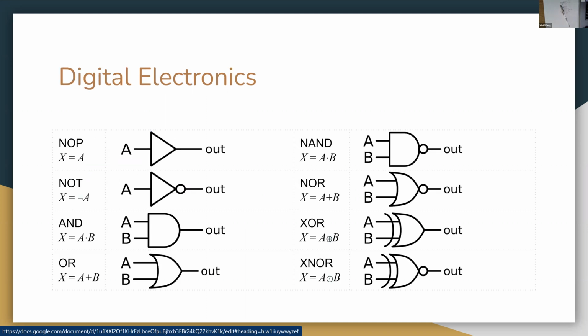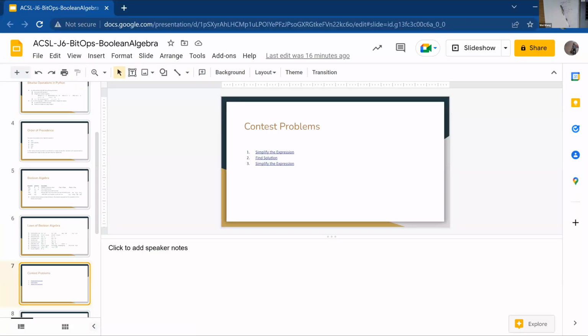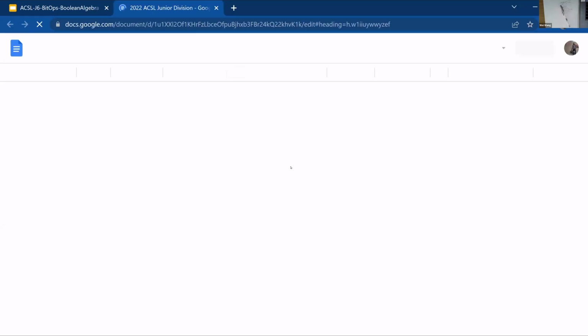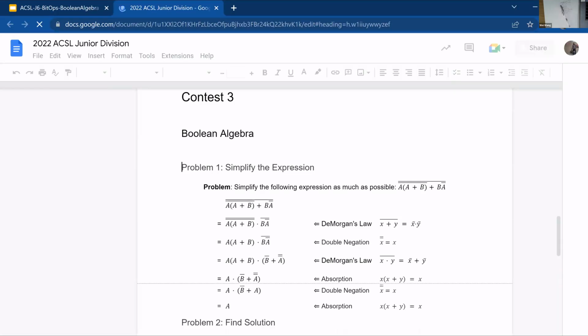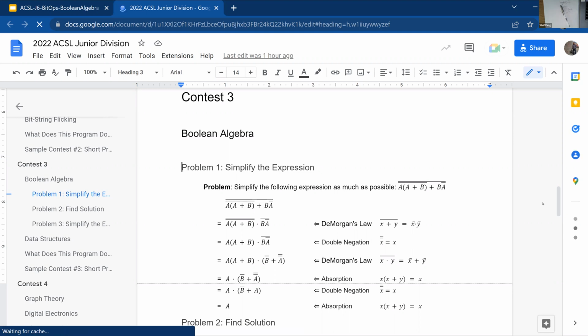Okay, these are the problems taken out of the ACSL wiki site, and also other learning material.